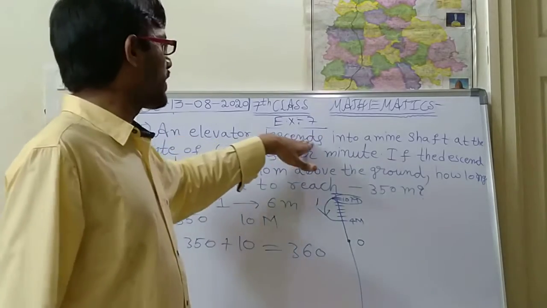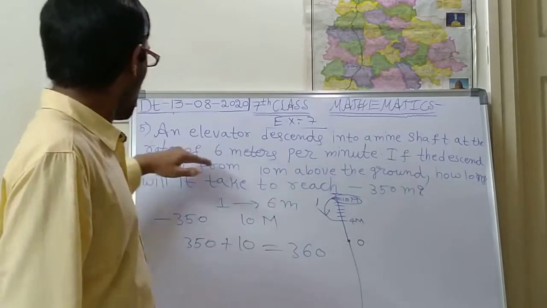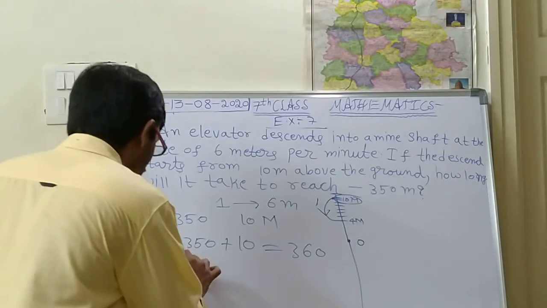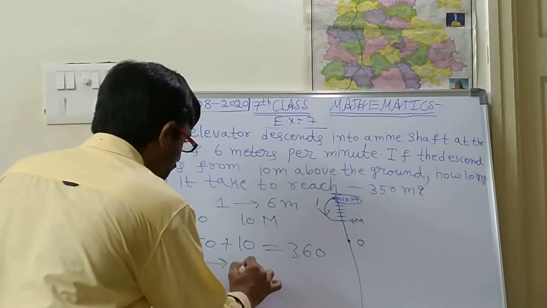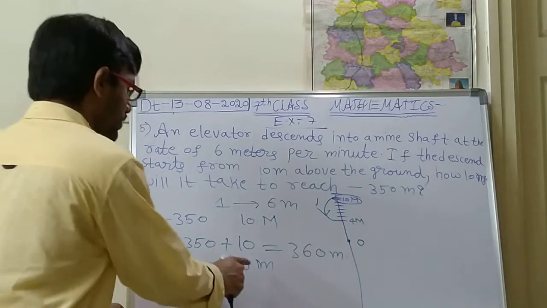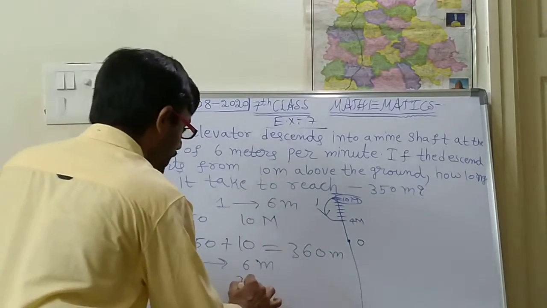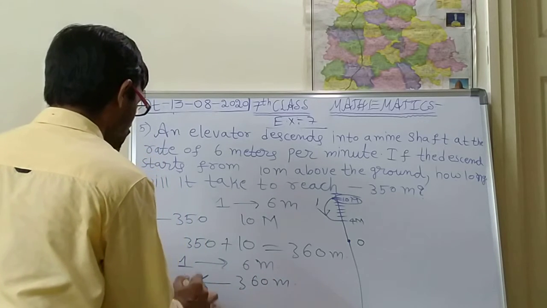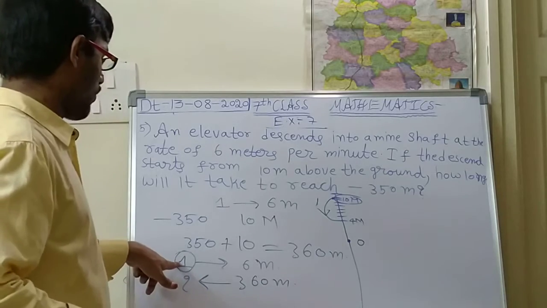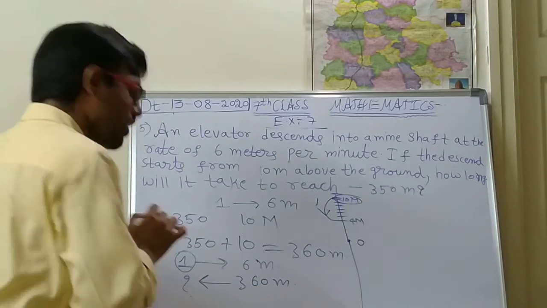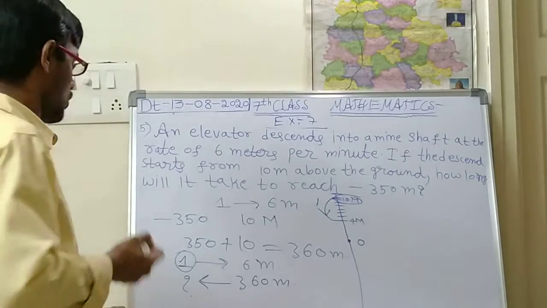If the elevator is descending into a mine shaft at the rate of 6 meters for every minute, for 1 minute it is covering 6 meters. So for 360 meters, how much time will it take? He is asking. So what is the answer?